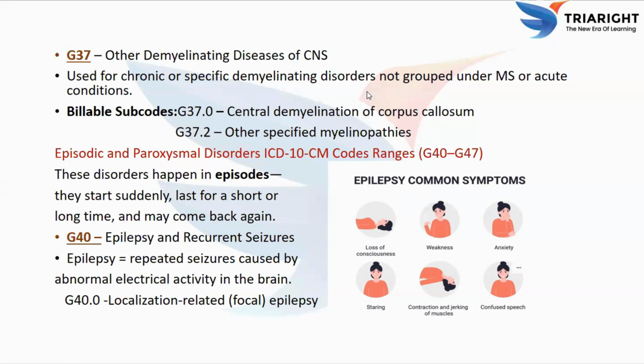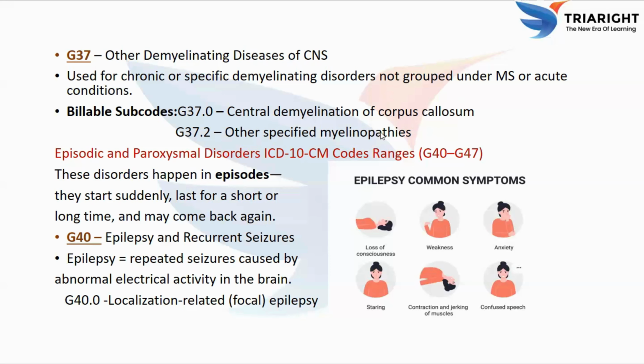So what are the billable subcodes under G37? G37.0 is central demyelination of the corpus callosum. So what do you mean by corpus callosum? It's a bridge connecting the two brain hemispheres. I have shown you in the brain anatomy. Whenever the myelin is damaged, the communication between the two sides of the brain becomes slow, right?